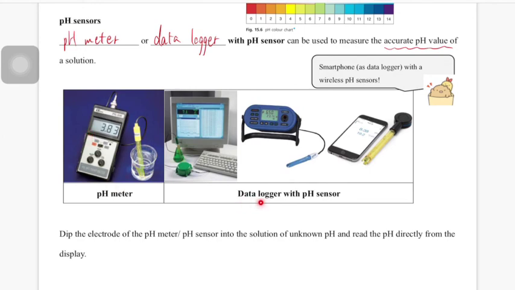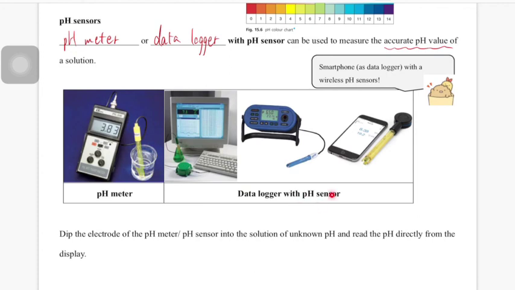But for the data logger, later you will do an experiment called titration, an experiment between acid and base, where we're constantly adding, for example, base into acid. If we put this type of pH sensor with a data logger, it can take a reading at, let's say, each 2 seconds, and plot a graph for you.